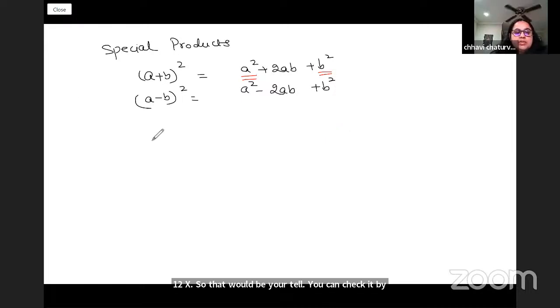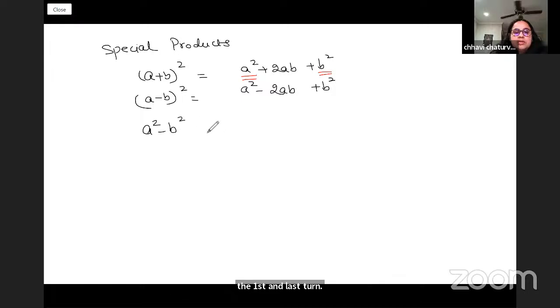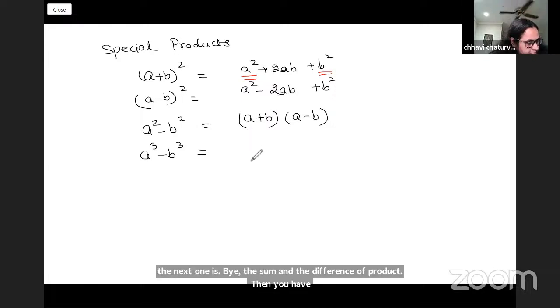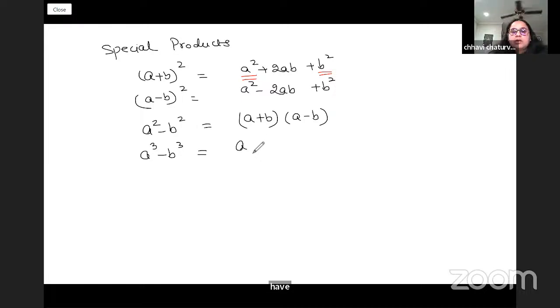All right. The next one is binomial, the sum and the difference of products. Then you have trinomials. a minus b, a squared plus ab plus b squared.